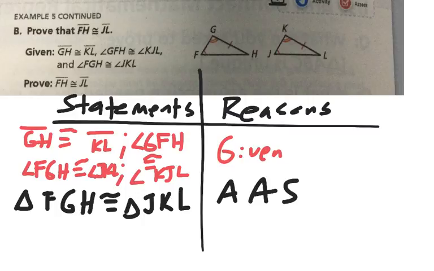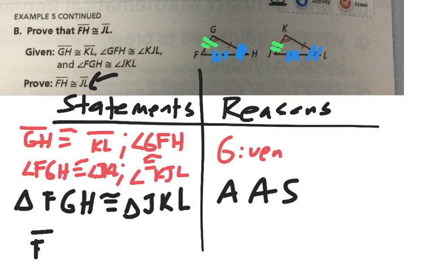So now as soon as I say the triangles are congruent, then that means all these missing pieces must also be congruent. That means H and L have to be congruent. That means that FG and JK have to be congruent. And it also means that FH and JL must be congruent, which is what I'm wanting to say.